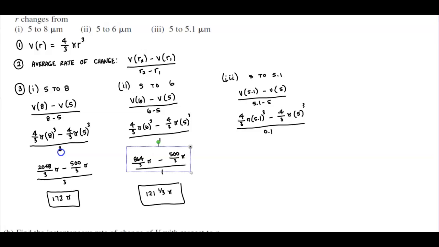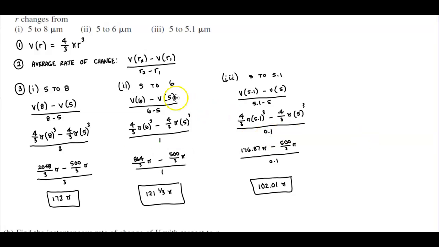So we plug in 5.1 cubed and we get 176.87 pi minus 500 over 3 pi, divided by 0.1, which gives us approximately 102.01 pi.